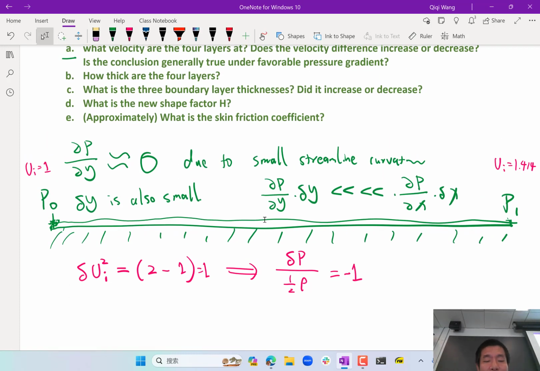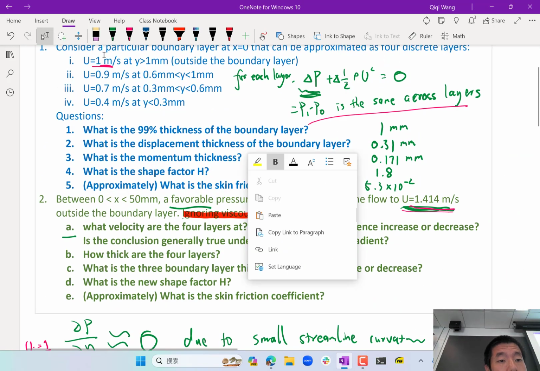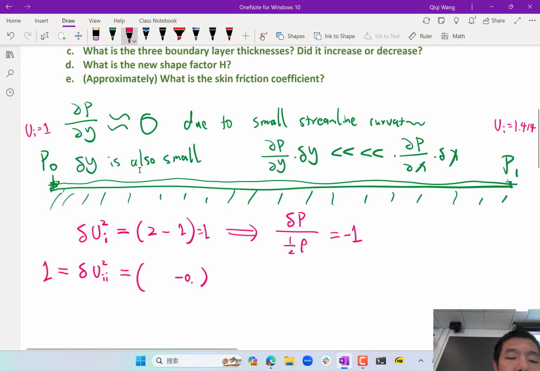Then let's look at the second layer. In the second layer, this also has to be equal to 1. It has to be something minus, what is the velocity in the beginning? 0.9 squared, right? 0.9 squared. And what does that velocity have to be?